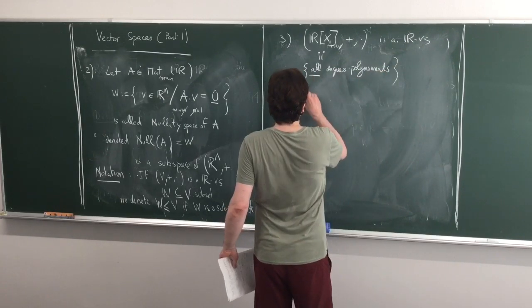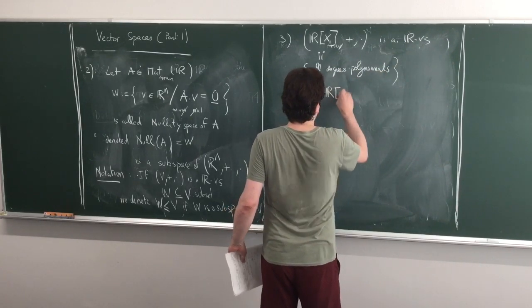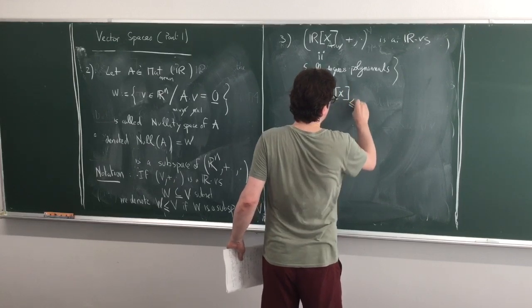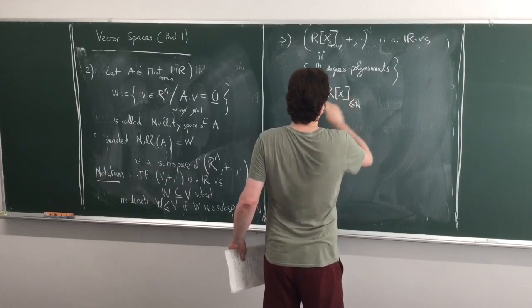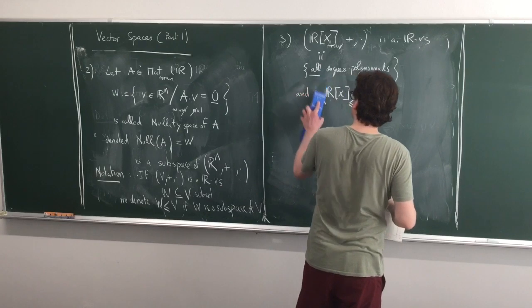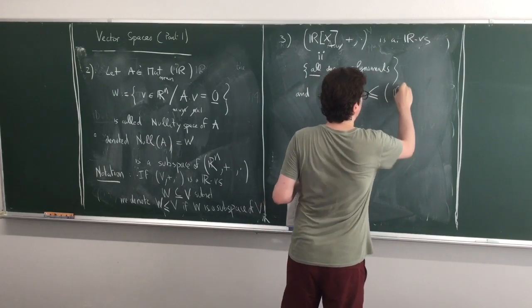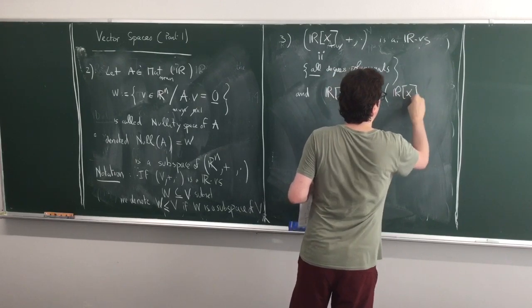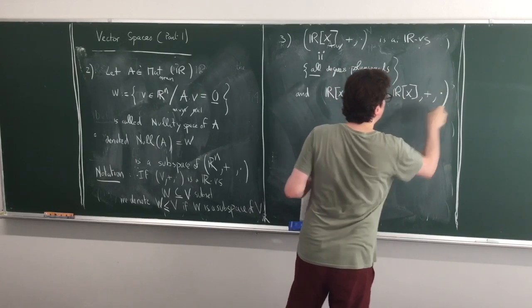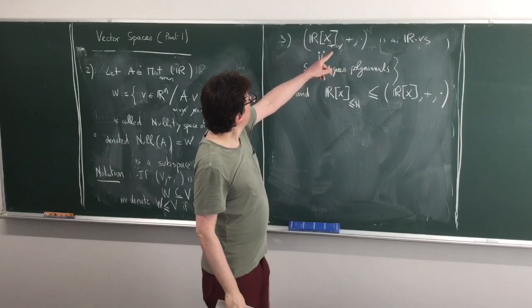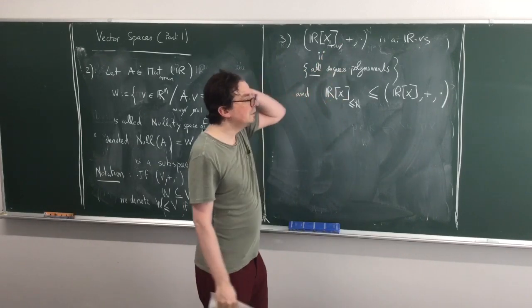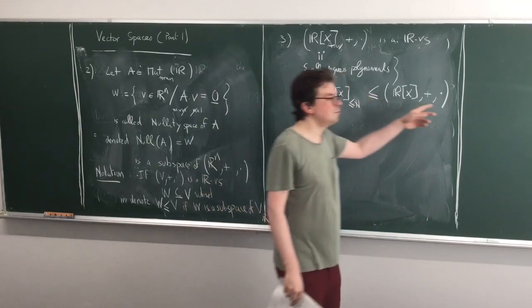And the set of polynomials of degree less than n is a subspace of this one. I did not define what the plus and the scalar multiplication are, but it is basically the same.